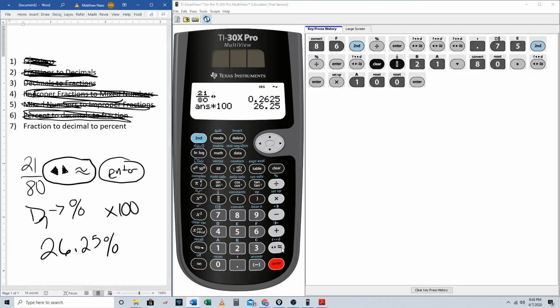Now round to whatever you want to round to, but this is the 100th percent, which means it's a percent to the 100th place. I think that covers everything on fractions and decimals to percents.